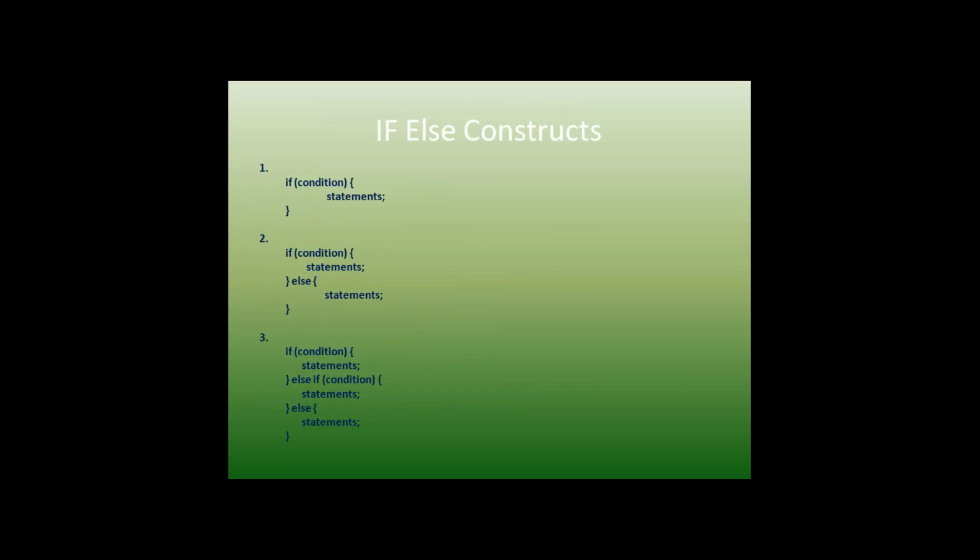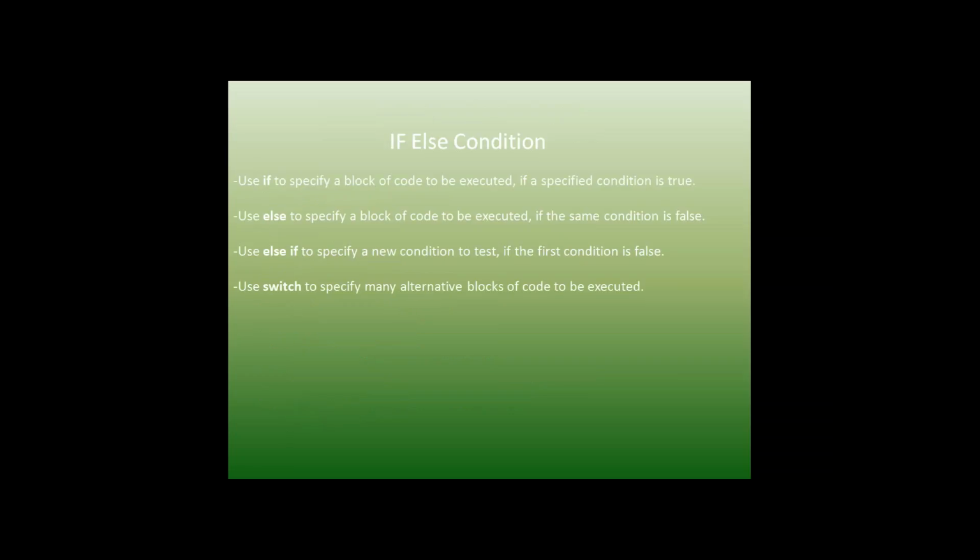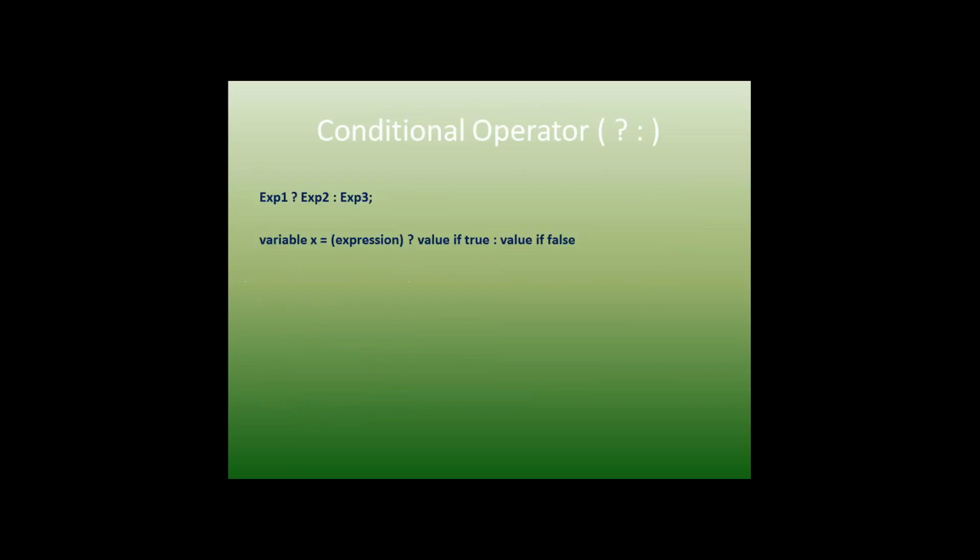Then we have checked the if statement, then if else, and then if else if conditions. We read about the break, and we discussed when to use if, when to use if else, and when to use else if. And then we have defined the switch cases, and then the conditional operator we have discussed.